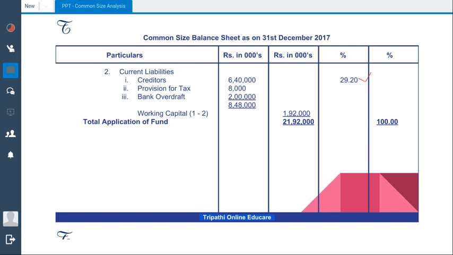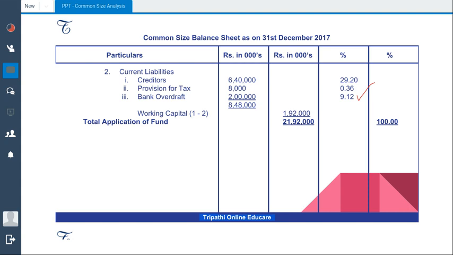Let us know the percentage of provision for taxation. 8,000 into 100 divided by 21 lakh 92,000 will give you 0.36%. Let us know the percentage of bank overdraft. 2 lakhs into 100 divided by 21 lakh 92,000, you will get 9.12%.